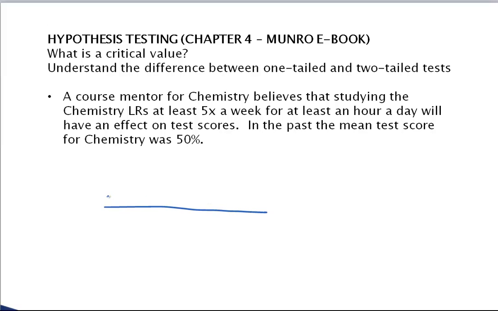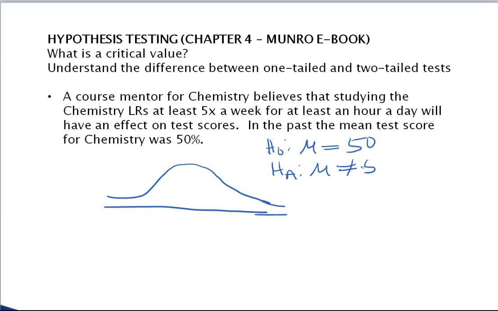So what we'd be looking at would be a two-tailed test, because the null hypothesis says mu equals 50%, and then the alternative states mu does not equal 50%. So if it's down here in the left tail or the right tail, either one would be significantly different than the actual null, and then you would be able to reject.